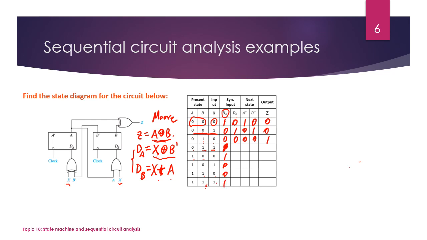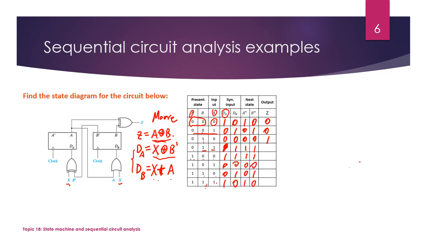Okay, for DB, X XOR A. So compare these two columns. If they are different, we will get 1 here. If they are the same, we get 0. Okay, then NB just follows D, so we have the same.